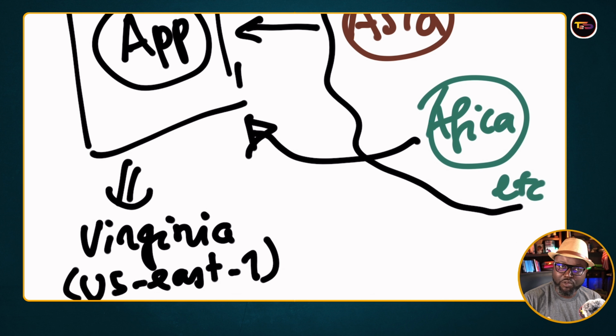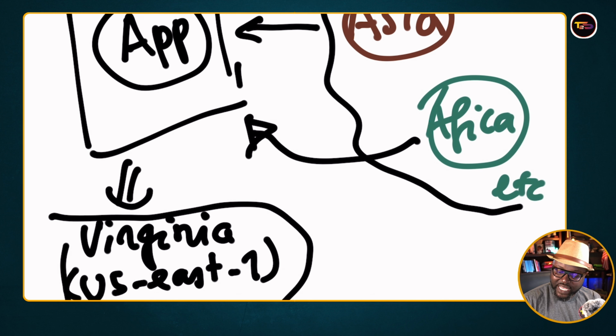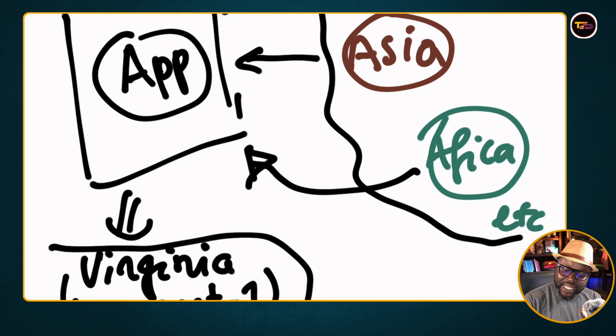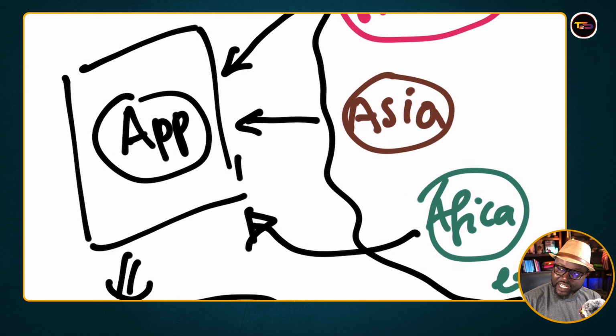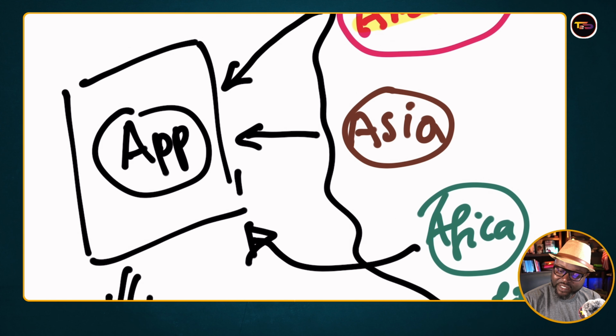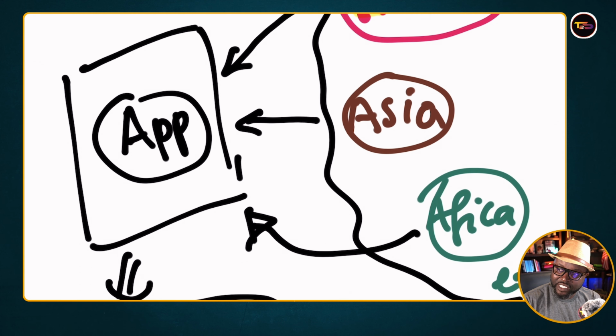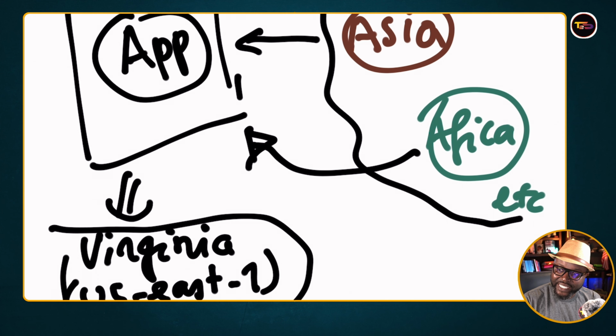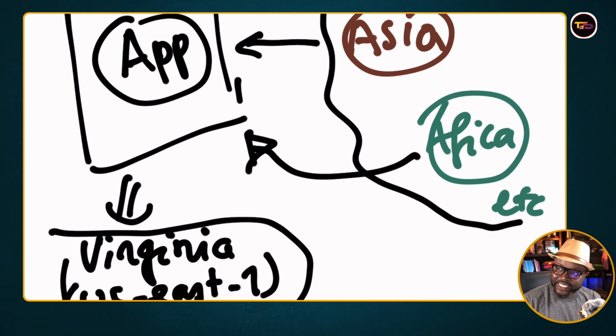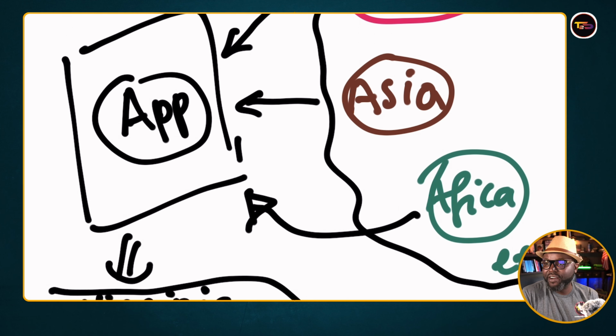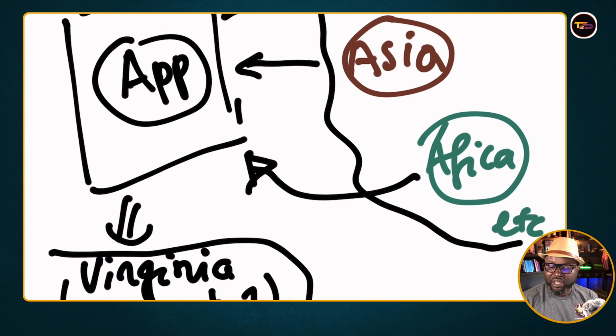That's how we identify the regions. Which means the people in America will be more likely to connect easily and have a better experience when they connect to your application. But what about the people in Asia, or Africa? They are so far away.